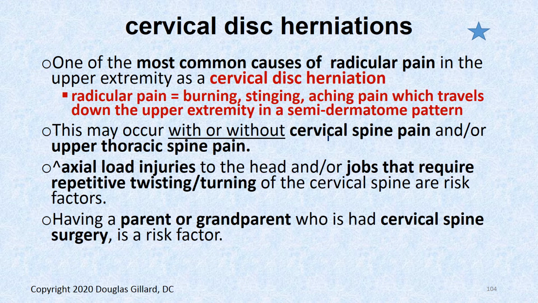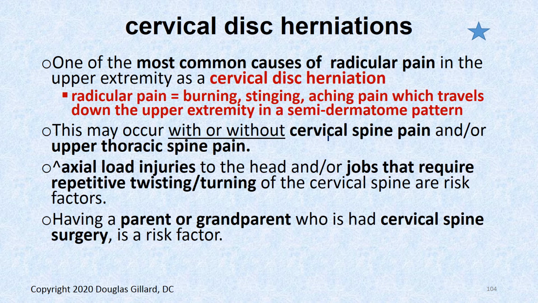Some people, the pain will run from the trap through the arm, through the forearm into the hand. Some people it'll just show up in the hand. Some people just in the forearm. Some people just in the arm. But it won't be the whole arm. It'll be just one region of skin. When that happens, that's called radicular pain.